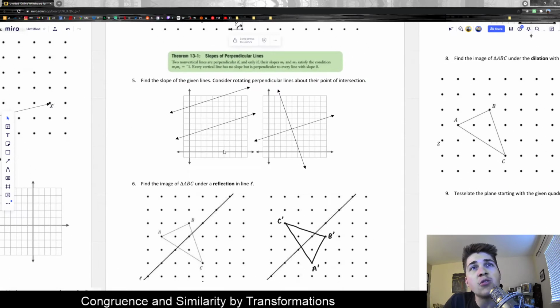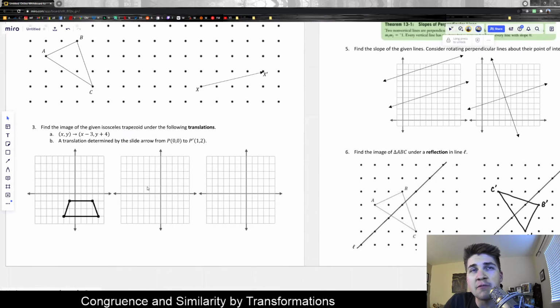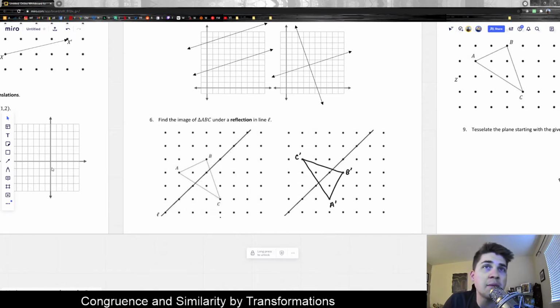Also, be careful on the online homework, because sometimes it will ask you a question a little differently. Instead of asking you to find the image, it'll give you the image and ask you for the original. If we have the new image, we want to figure out where it was originally, by basically reversing the transformation.